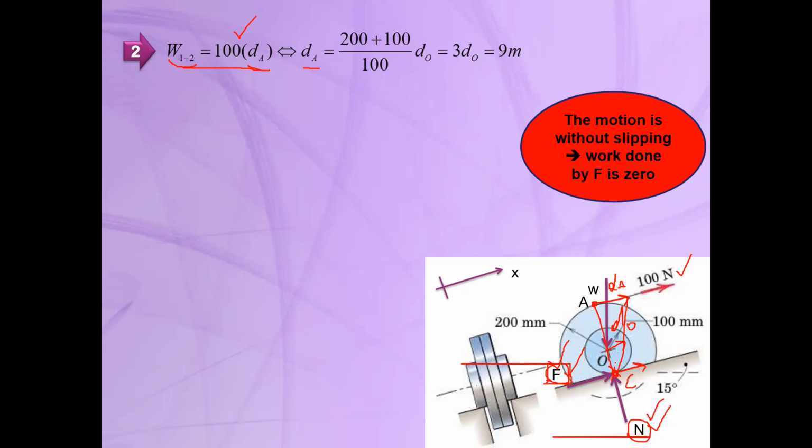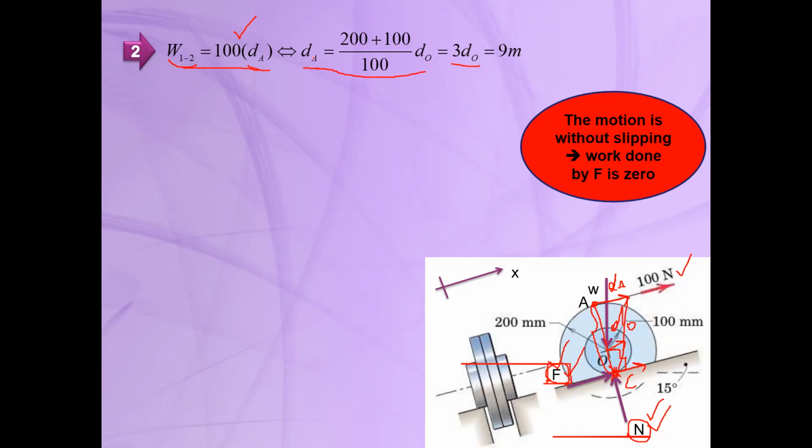According to the geometry, you can write that the ratio of dA to dO is equal to this length, 200 plus 100, divided by this small length, which is 100. So from the geometry, you can find the relation between the displacement of the mass center point O and the displacement of point A, and conclude that the displacement of point A is 3 times the displacement of point O. The point O, which is the mass center, will move 3 meters.